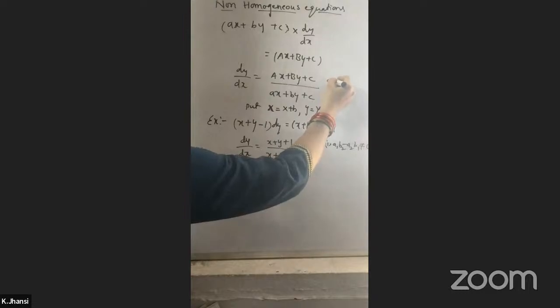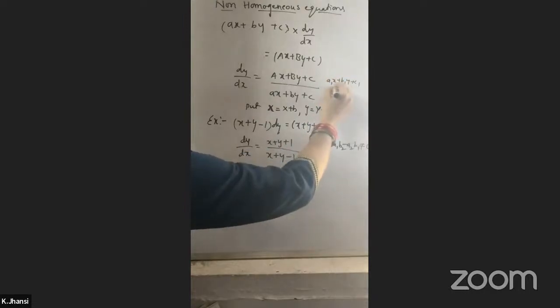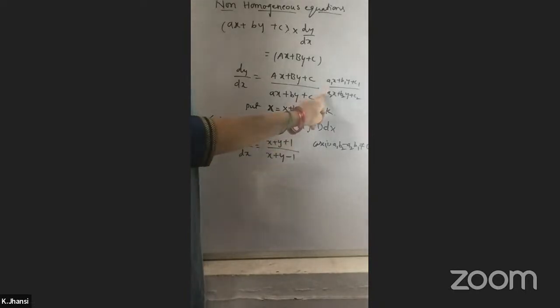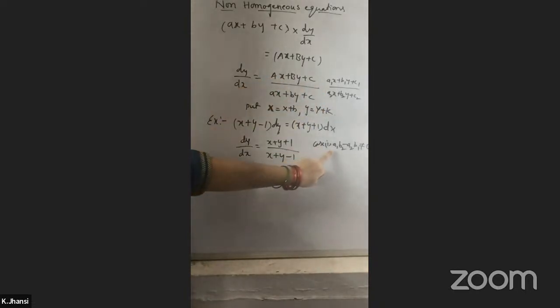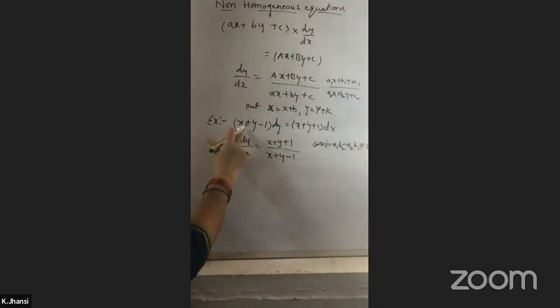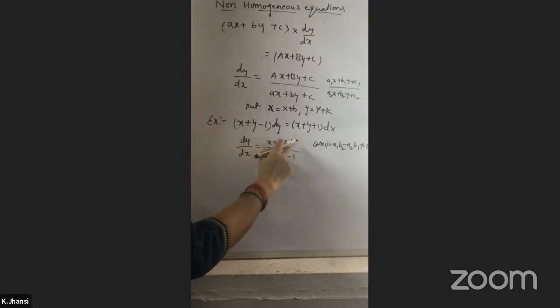Like this: dy by dx equals A1 x plus B1 y plus C1 by A2 x plus B2 y plus C2. When you take the values, if that value is not equal to 0, then in the given question, this is A1, B1, C1, and this is A2, B2, C2.